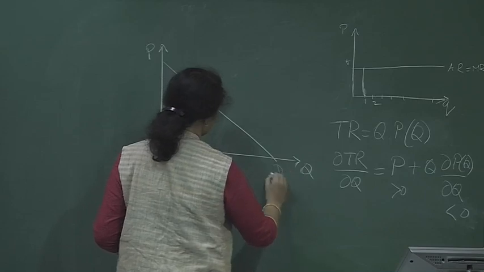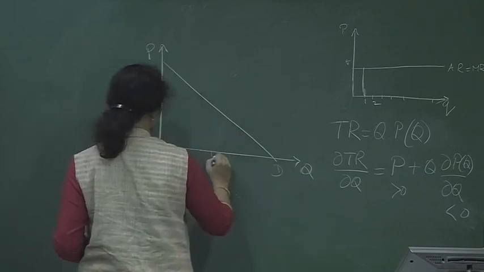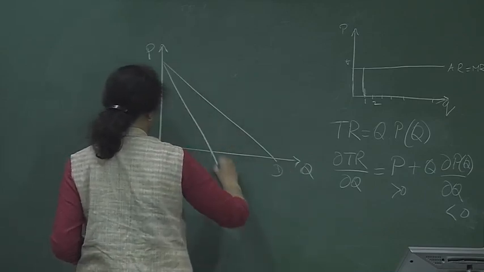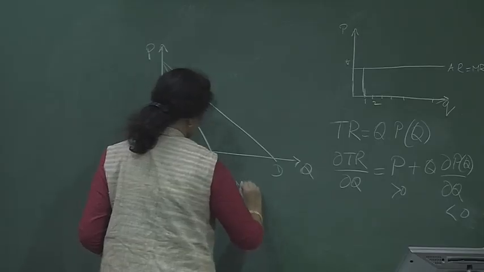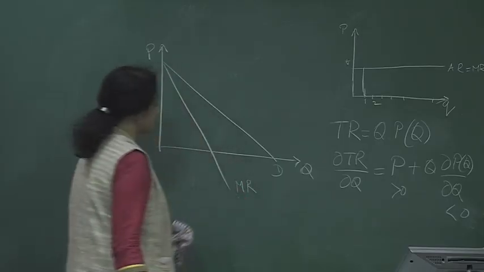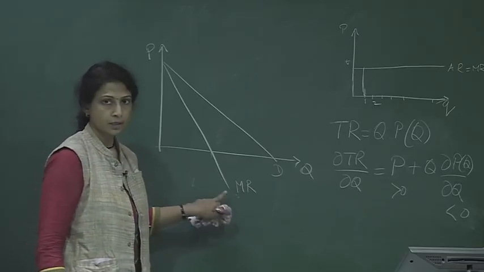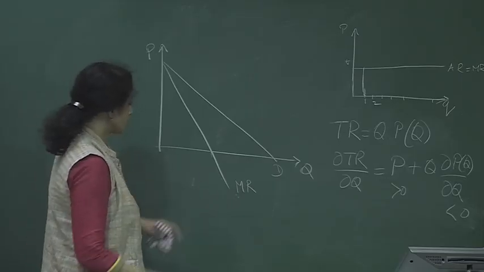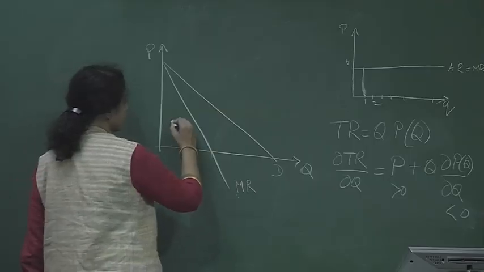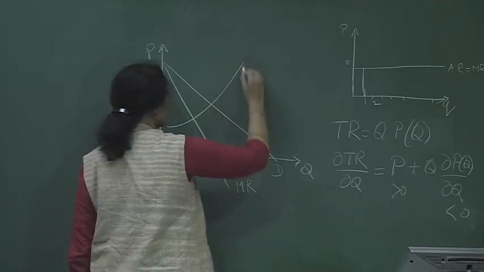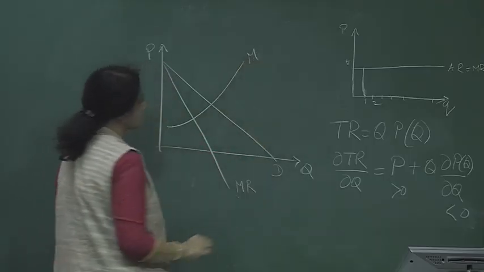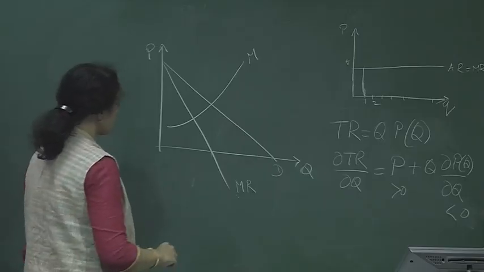So, this is the demand line for the monopolist, and this is the marginal revenue. And once we have the marginal revenue in place, we just impose the very familiar marginal cost curve. This is our marginal cost curve.